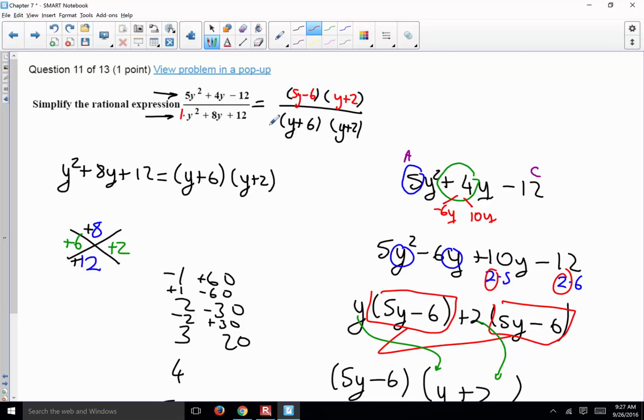We have successfully broken the top and bottom into 2 pieces. What is next? Simplify. Eat it. You cook the dish and eat the dish, and we have these 2 matching. They cancel. Result is 5y minus 6, y plus 6. Okay?